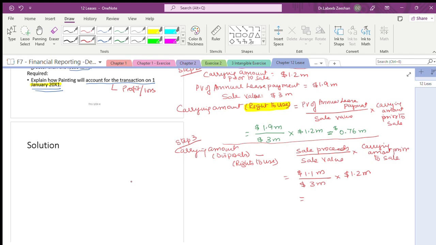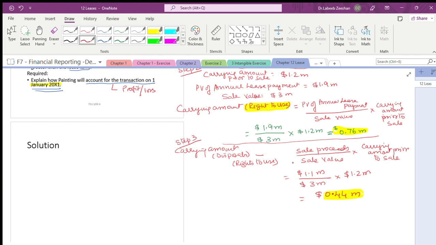It comes to how much? 1.1 divided by 3 times 1.2. 0.44 million. This much we have to understand how we can segregate.